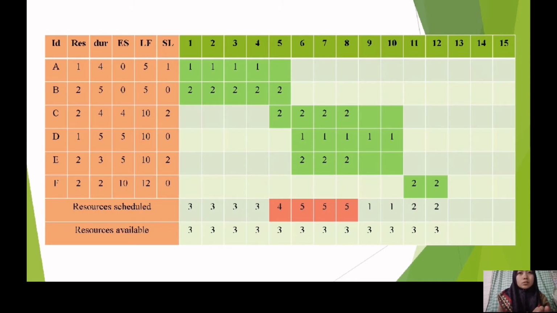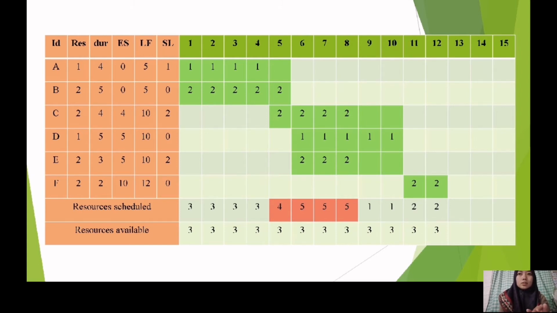If we look closer at the table, there are some cells that have a darker green color but no number inside. It means that these are the slack for each activity.